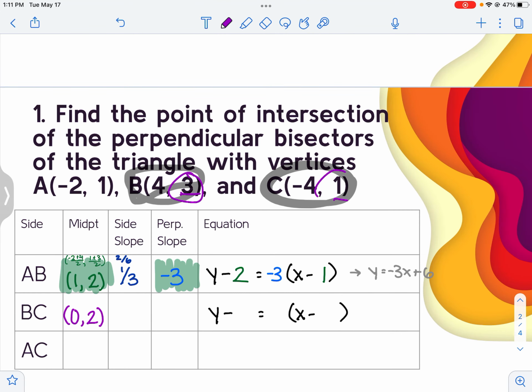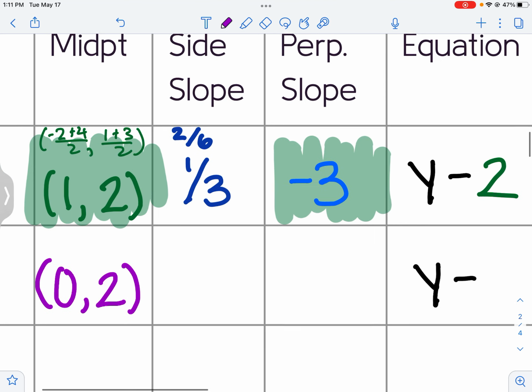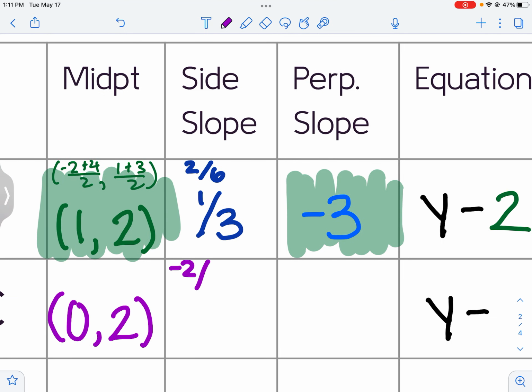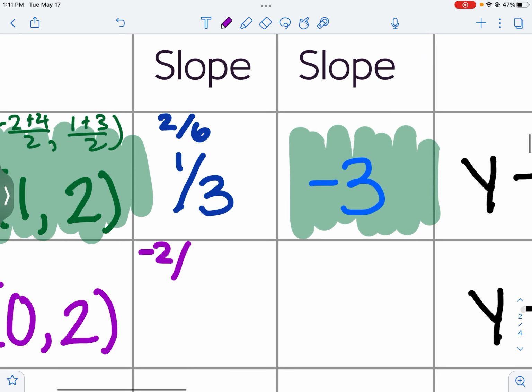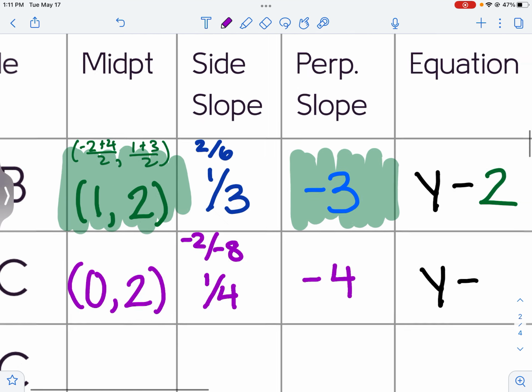From 3 to 1, my change in y was -2. From 4 to -4, my change in x was -8. That slope is 1/4. That perpendicular slope then is -4.